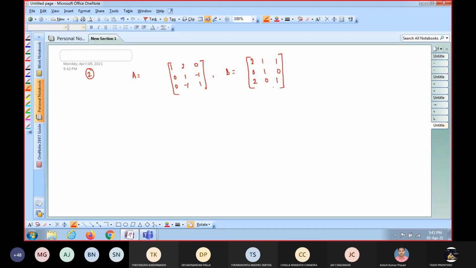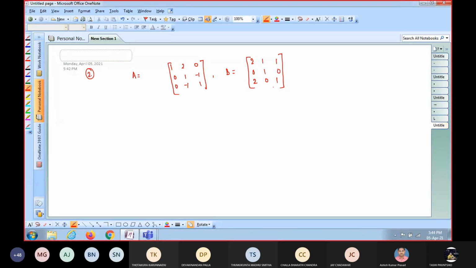What you can do? See, their traces are not equal. Simple. If you want to go in a simple way, then you can see that their traces are not equal. Otherwise, you compute characteristic polynomial of A and of B. They will not have the same characteristic polynomial. Their characteristic polynomials are unequal, and hence A and B are not similar.